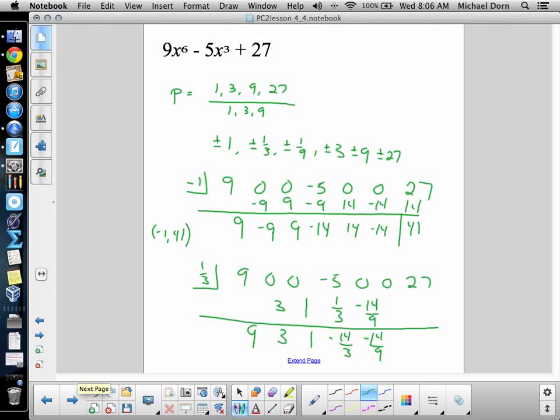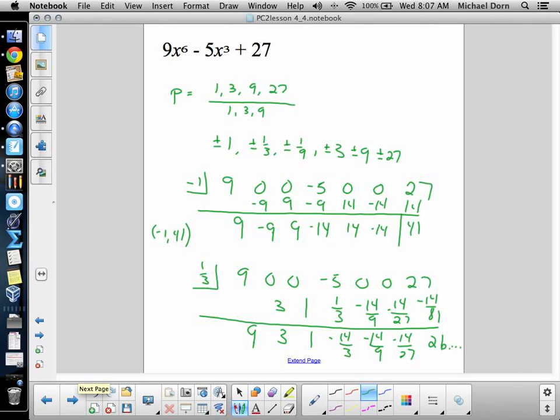Yeah. 1/3. I'm doing okay. Okay. Negative 14/9, so it's a negative 14/27. 1/3 of that is negative 14 over 81. I get 27 minus 14 over 81, which is going to be very nearly 27, 26 point something.